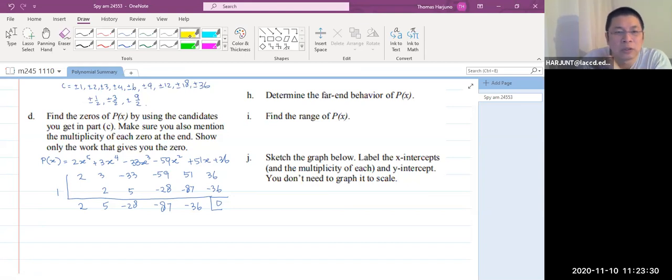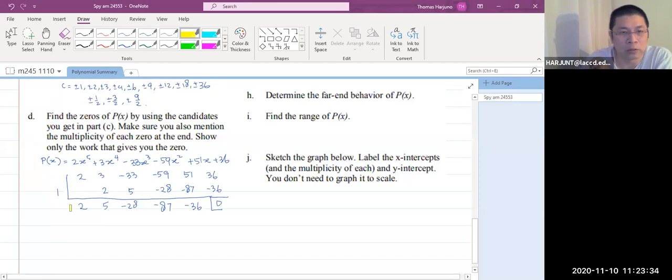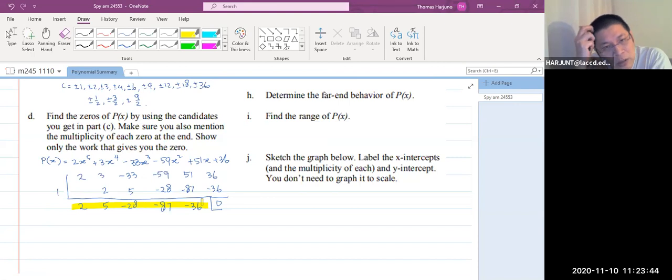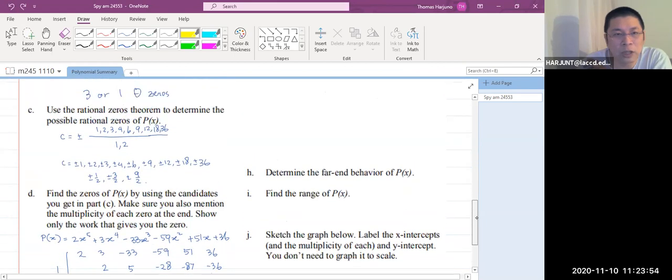Now, is 1 another zero of this polynomial? When I add this, it seems like that's not the case. So 1 is a zero, but only of multiplicity 1. It doesn't happen twice.